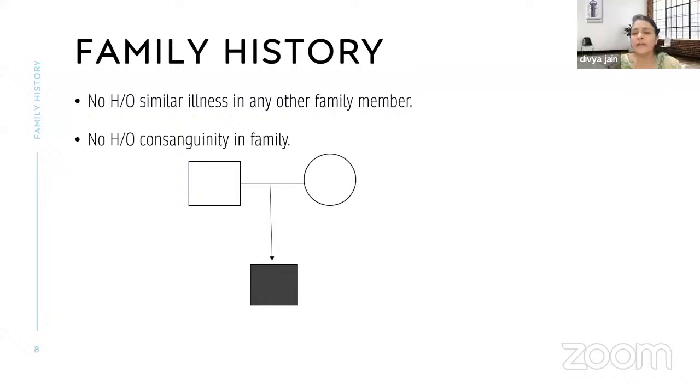Basically, to find out the reason for cleft lip and palate, you need to rule out the genetic factors, the familial association, and the environmental factors. Along with that, there is another cause for cleft palate: a mechanical cause.